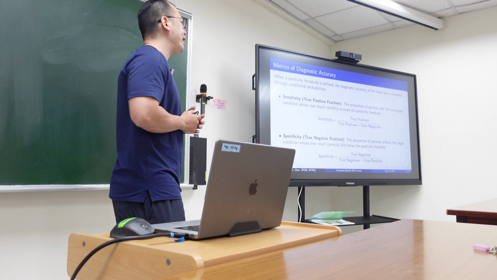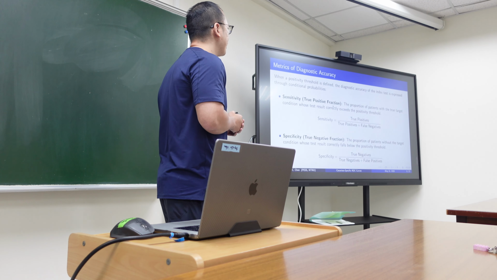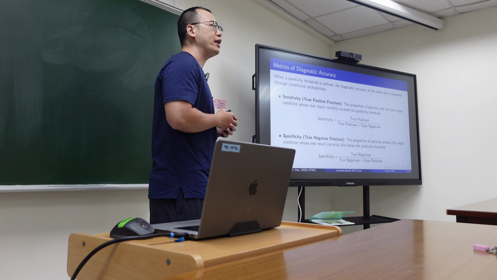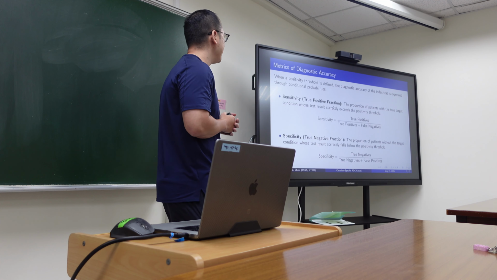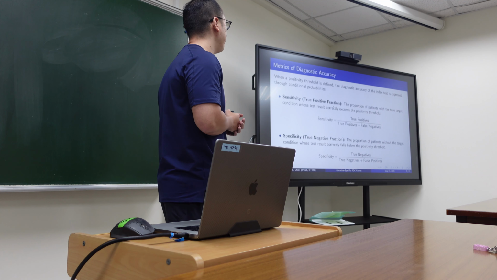As a matter of fact, the matrix of diagnostic accuracy is a definition of two terminologies. On the first side, we can see the sensitivity is the true positive fraction.